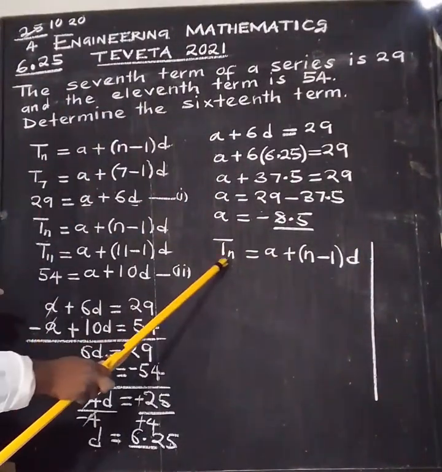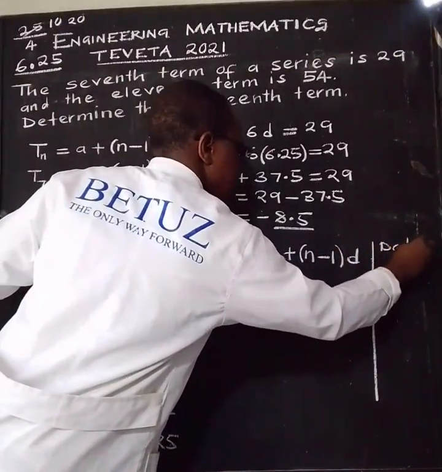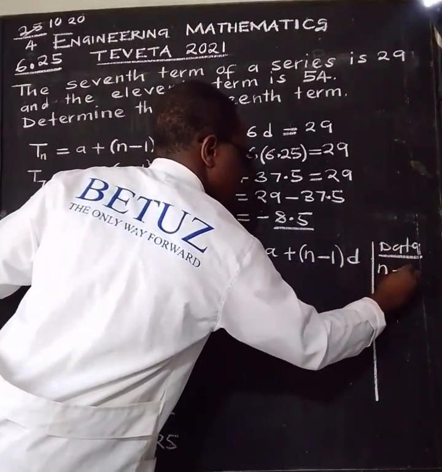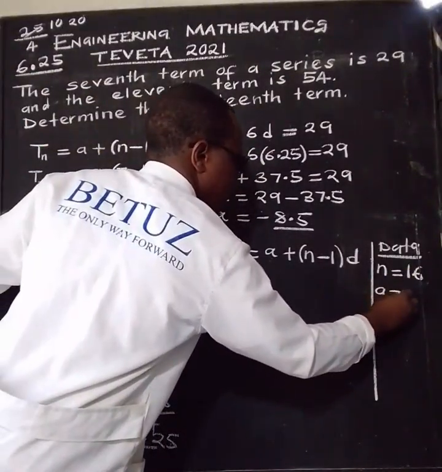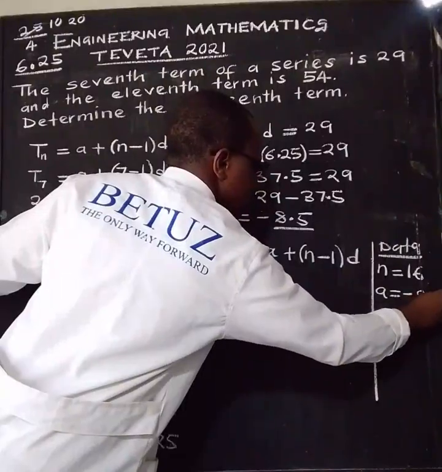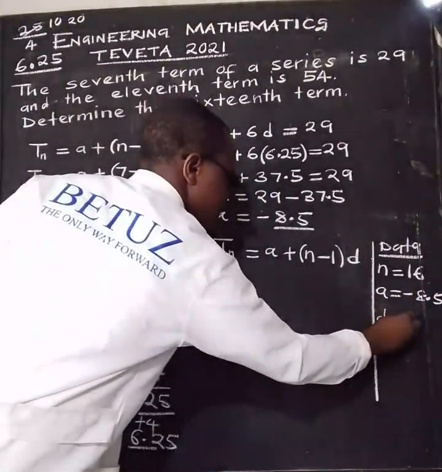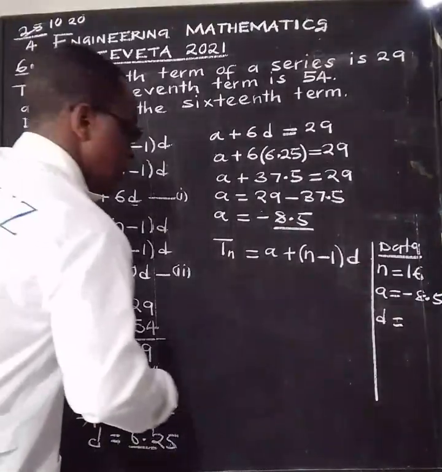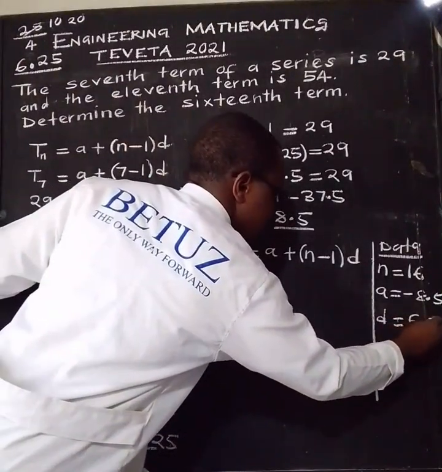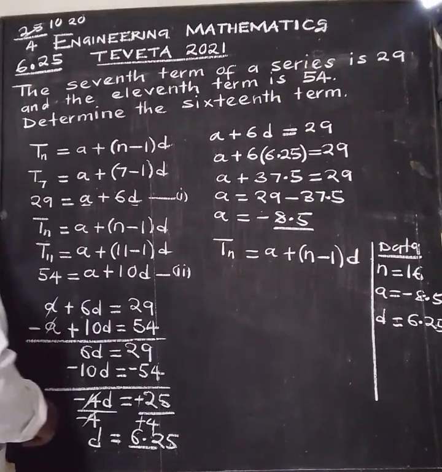Where there is n, you put 16. Where there is a, our first term is negative 8.5. Our common difference is 6.25. Now we can substitute in the formula.